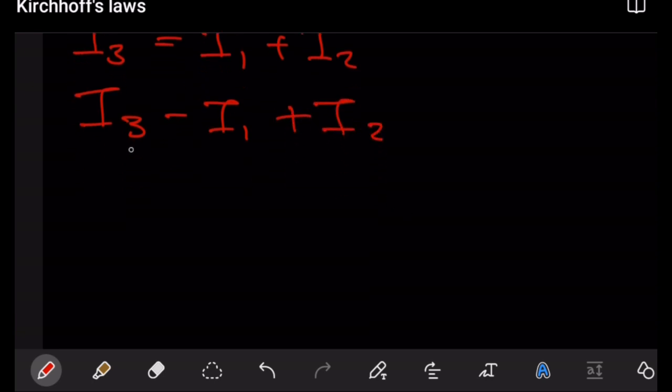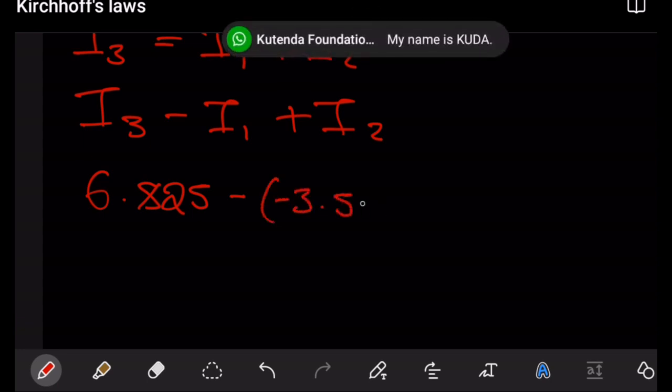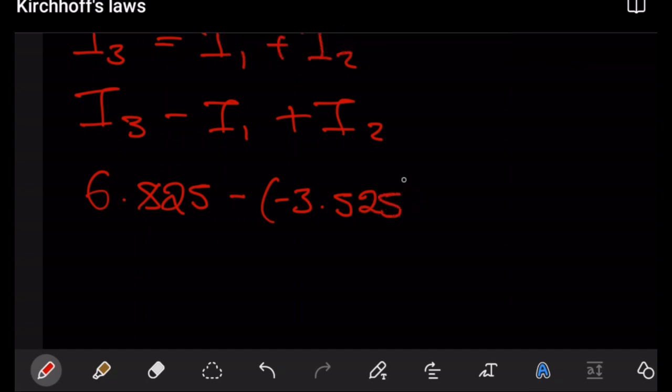Let's try the value for I3, what we have is 6.825 amps minus I1. The value for I1, this is minus 3.525.